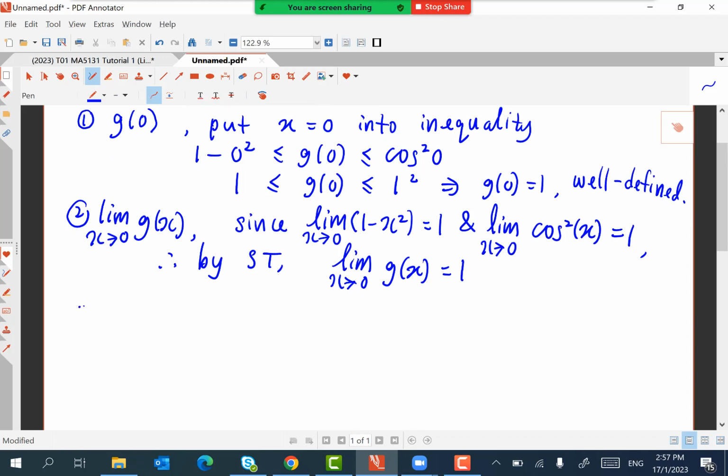Then step 3, you state that the limit as x goes towards 0 of g(x), which is 1, is equal to g(0).